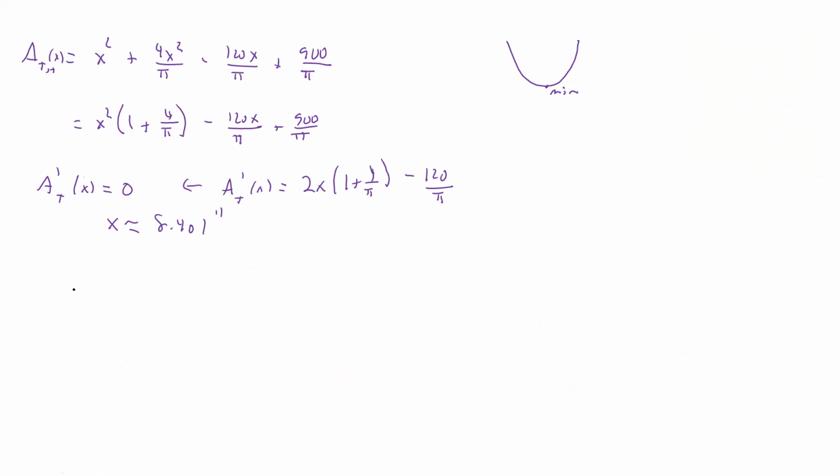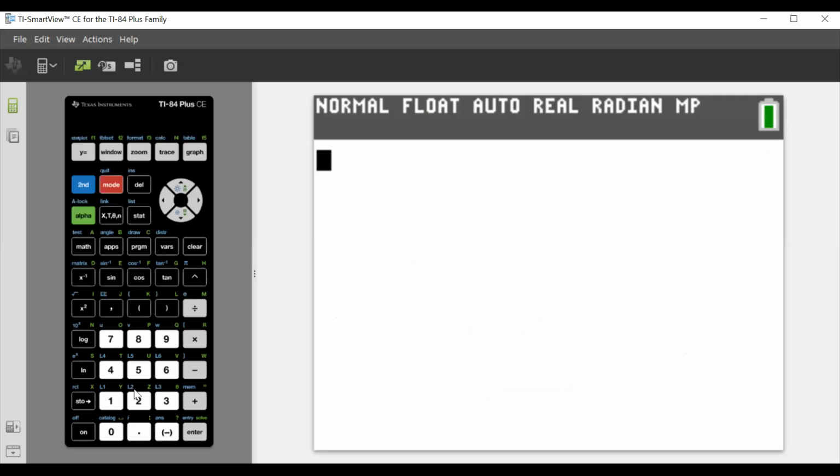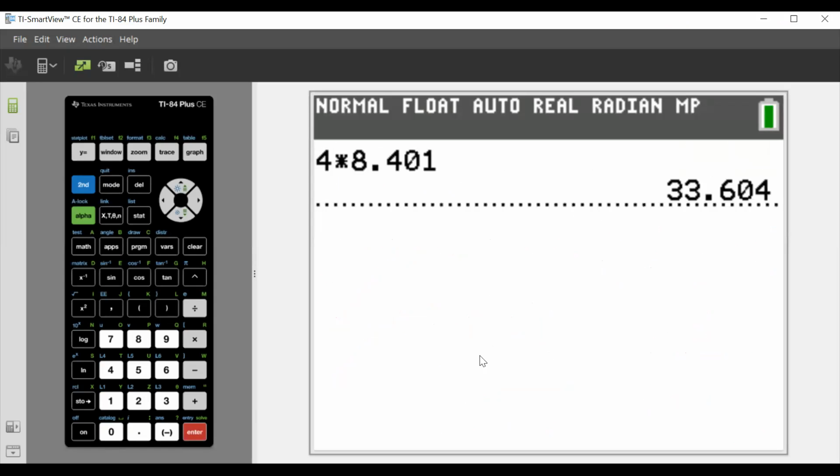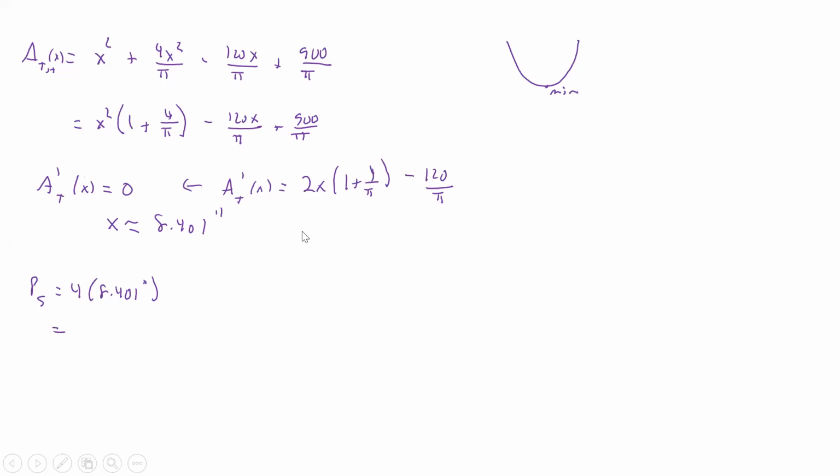So if we find the perimeter of the square, well, that's going to be 4 times that. So we take 4 times 8.401, and we get 33.604 inches for the perimeter of the base.